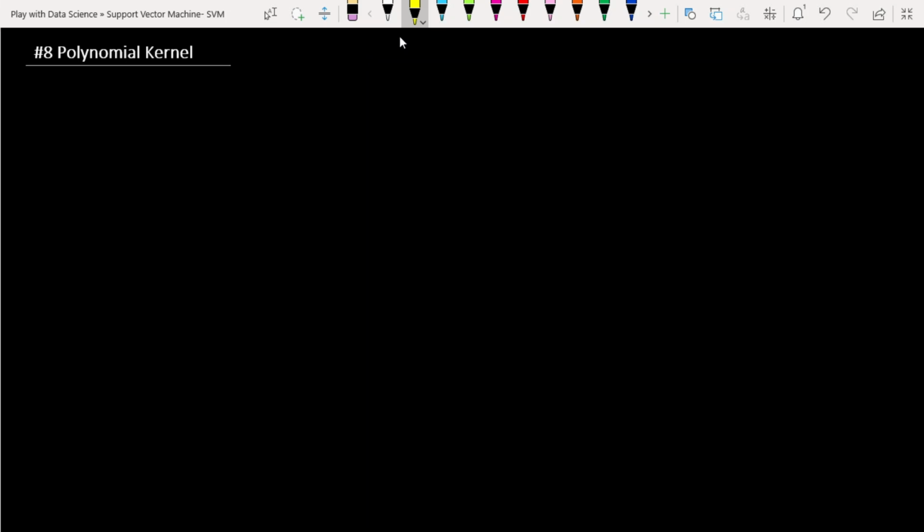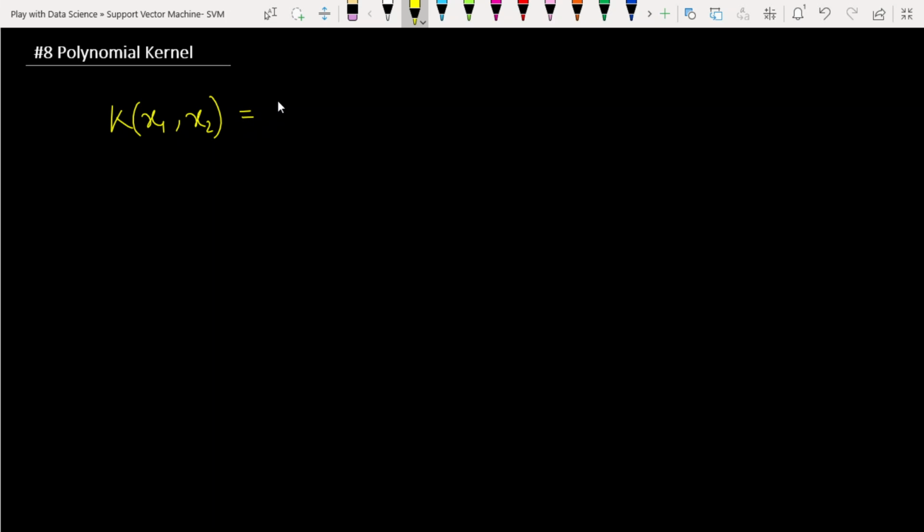Let's take our kernel of x1 and x2. Suppose we have two data points, x1 and x2, or you can simply call them two vectors x1 and x2, or simply data points.